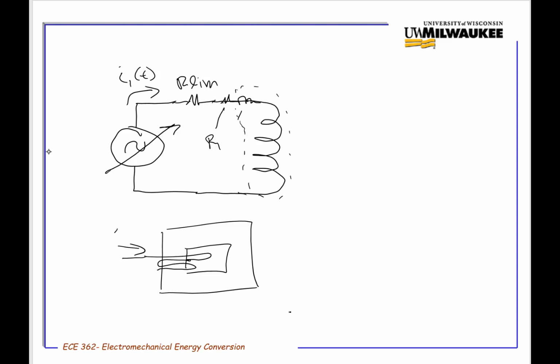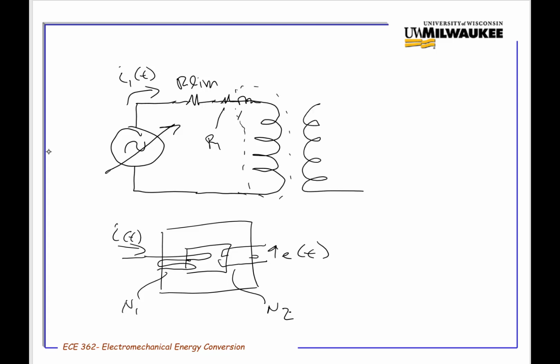You're applying a winding current here to a core, and you're measuring a voltage on the secondary side. So it's like you have N1 turns here and you have N2 turns here. You actually have what is a transformer.